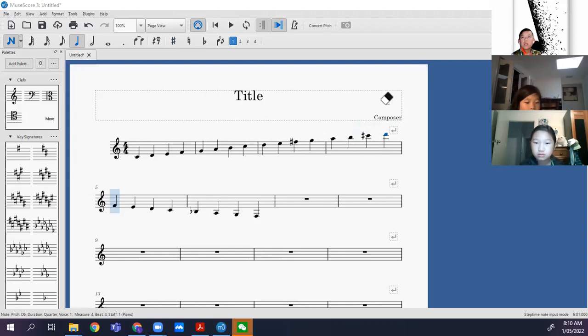We want tone, tone, semitone, tone, tone, tone, semitone. And the sharp on C is what allows the tone here and the semitone here.